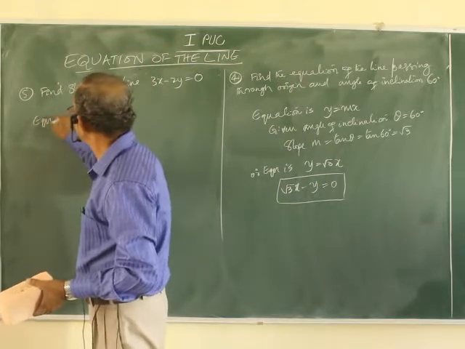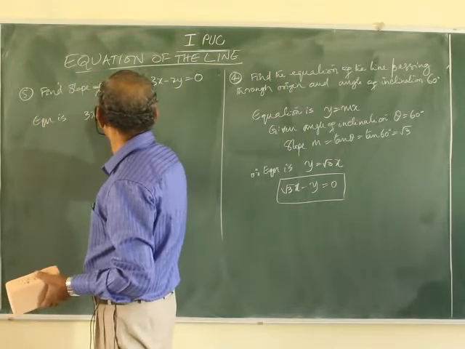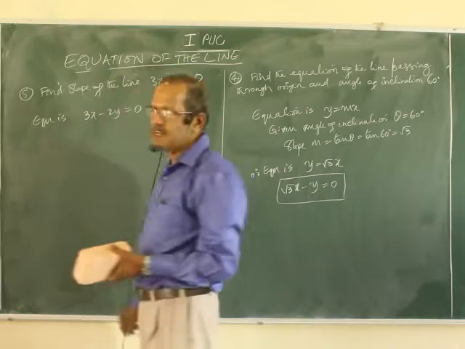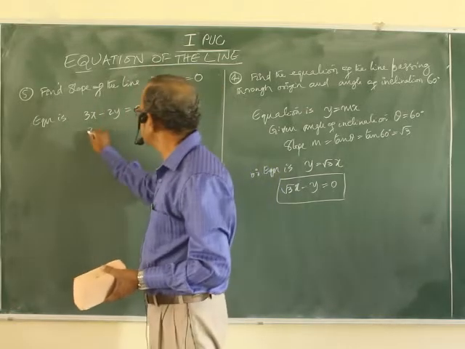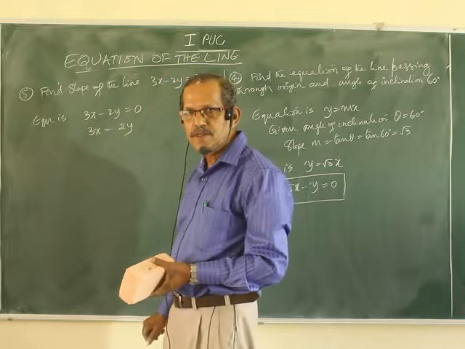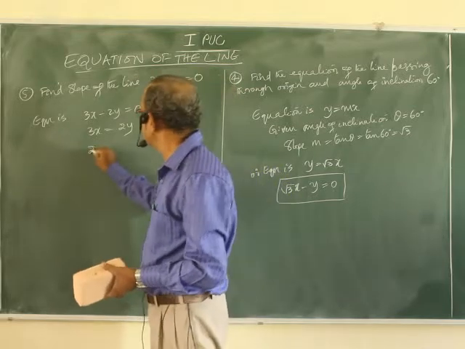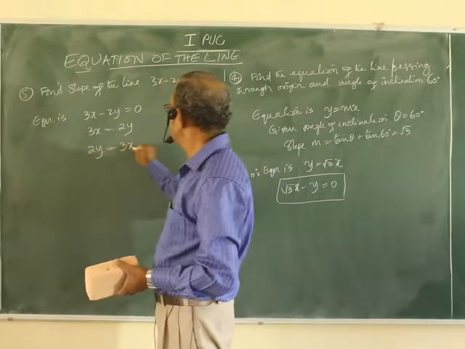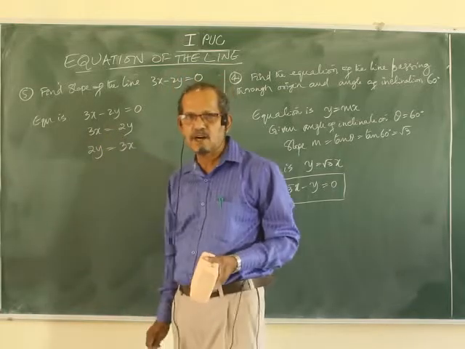Equation is 3x minus 2y equal to 0. Or you can write this one as 3x equal to 2y, one and the same. Or you can write this one as 2y equal to 3x. Just interchange it, that's all.